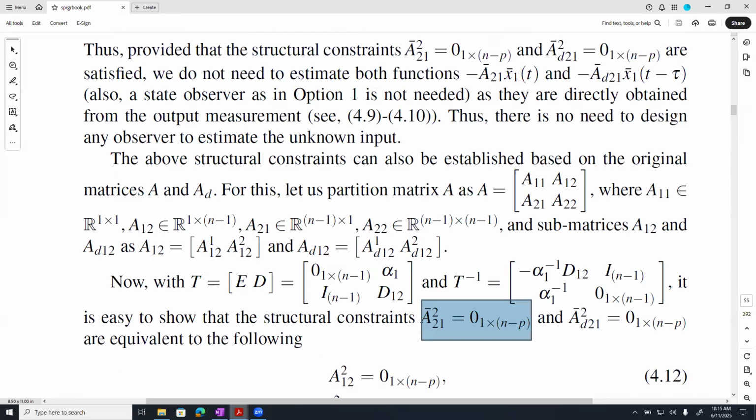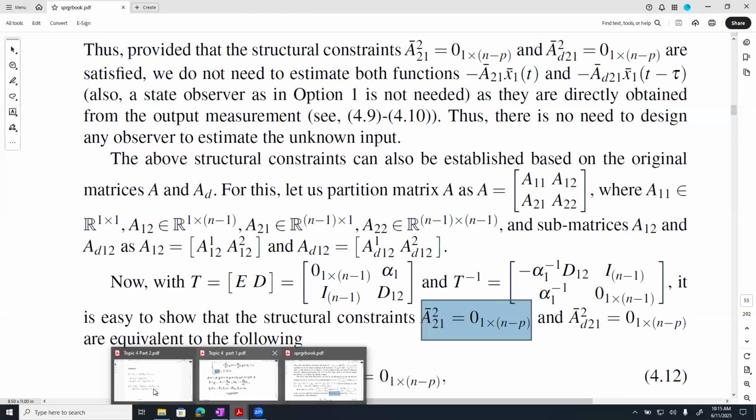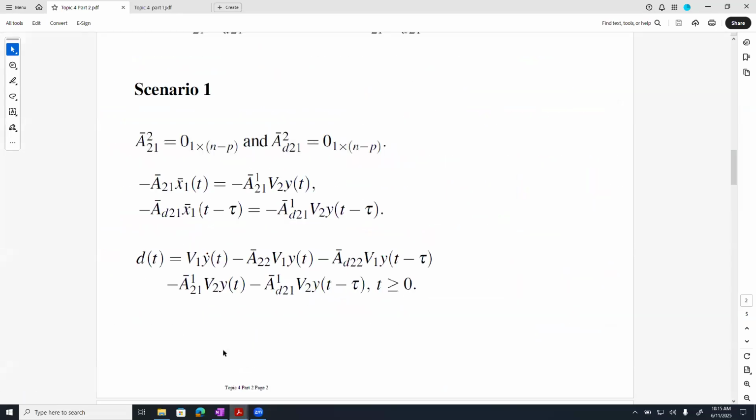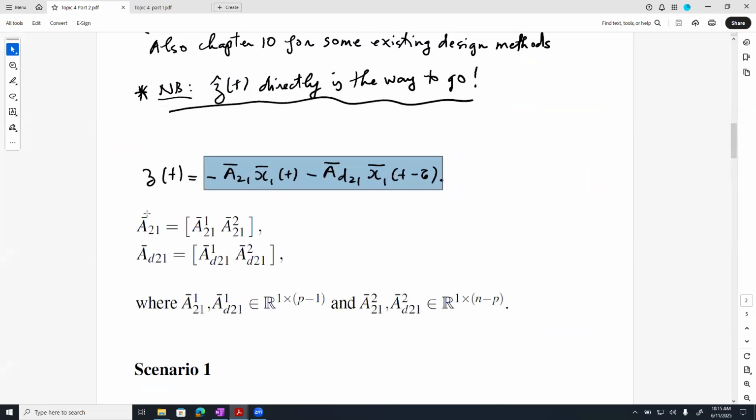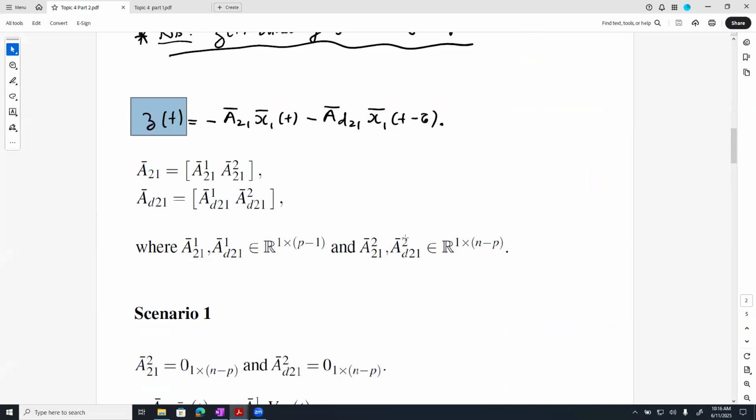Okay, so that is the simplest case, the one that allows us to split the submatrices, and then by simply looking at that, we say, oh, to realize this generalized functional, we don't need to estimate anything.